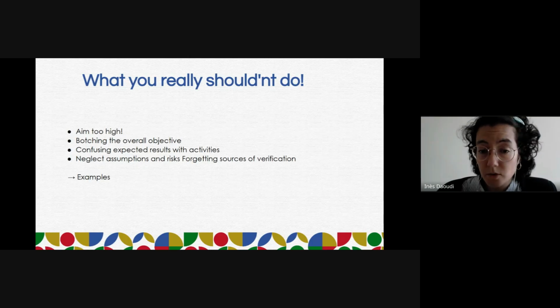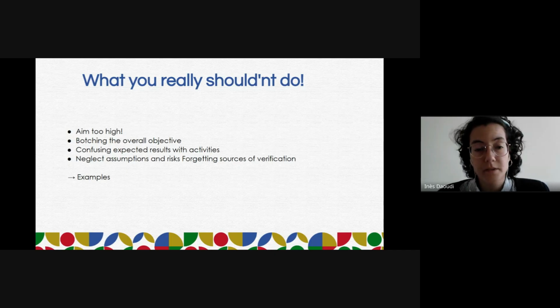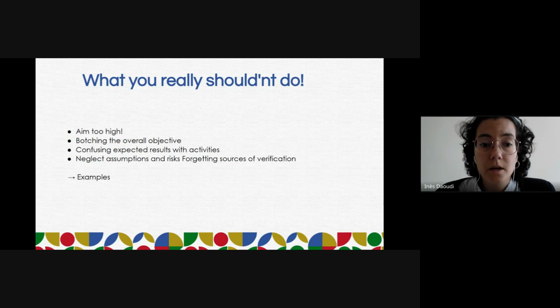Different documents can also help you to do this, thanks to records of beneficiaries' activities or of the project, like training attendance sheets. That's very important. Or activity reports, financial documents, or any official documents.